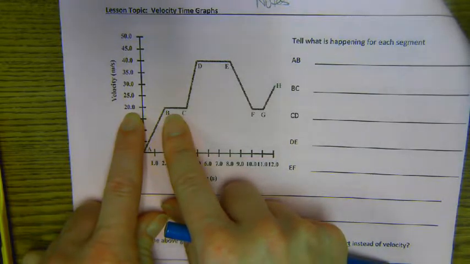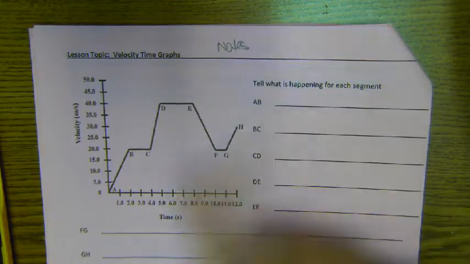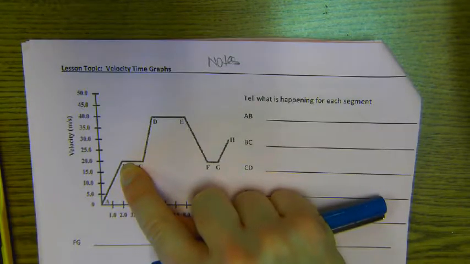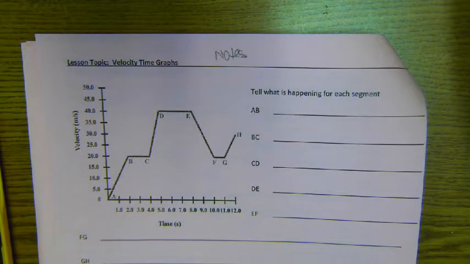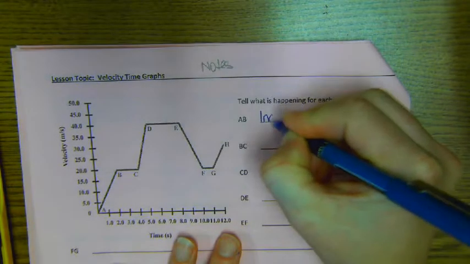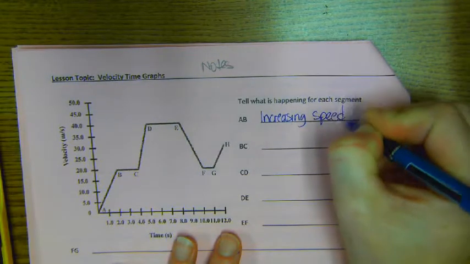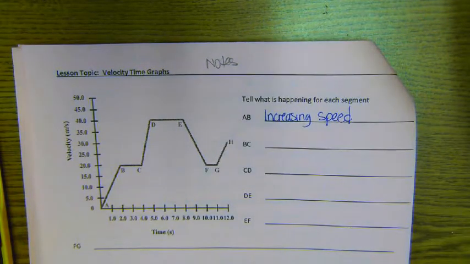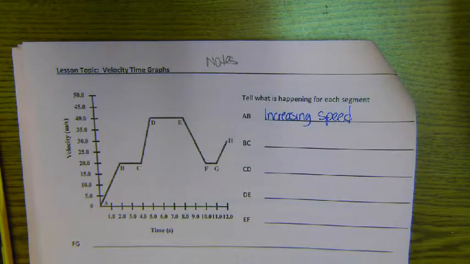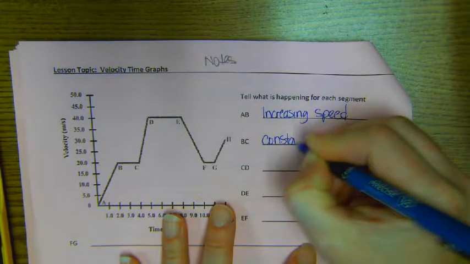Okay, here, let's see if we can do it. Tell what is happening for each segment. Can somebody tell me, if the velocity goes from 0 to 20 over 2 seconds, what is happening there? Speeding up, okay, or increasing speed. What is happening in segment BC? Same speed, or I'm going to call that constant speed.